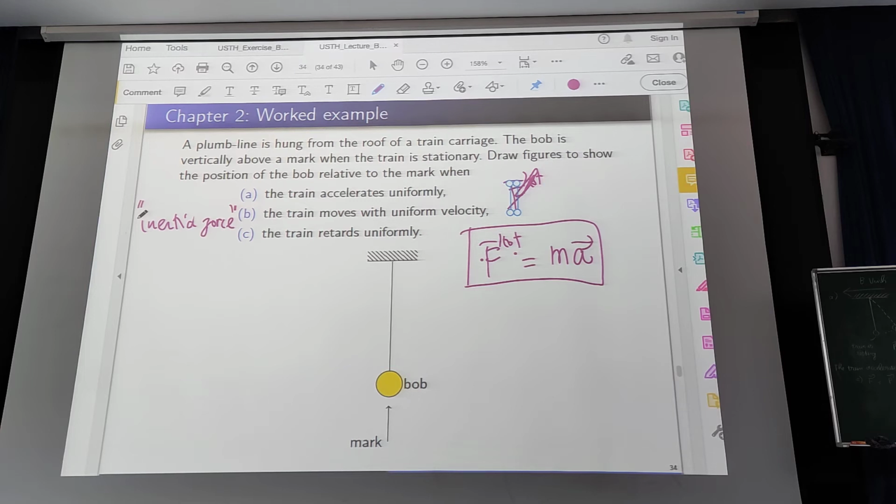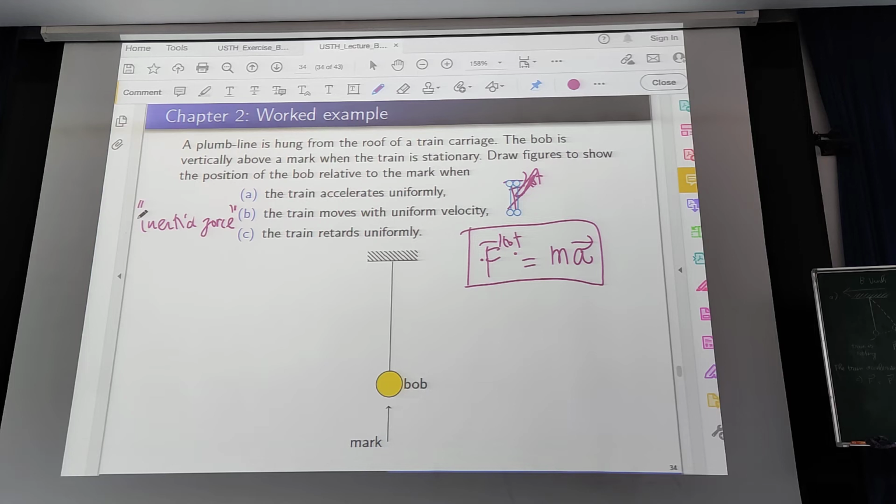But the only difference is the frame is moving, and the bottle is moving. So in this case, you cannot say the first law of Newton is not correct, but the frame is not inertial anymore. And in the frame that is not inertial, there is additional force acting on the object. That is called inertial force.